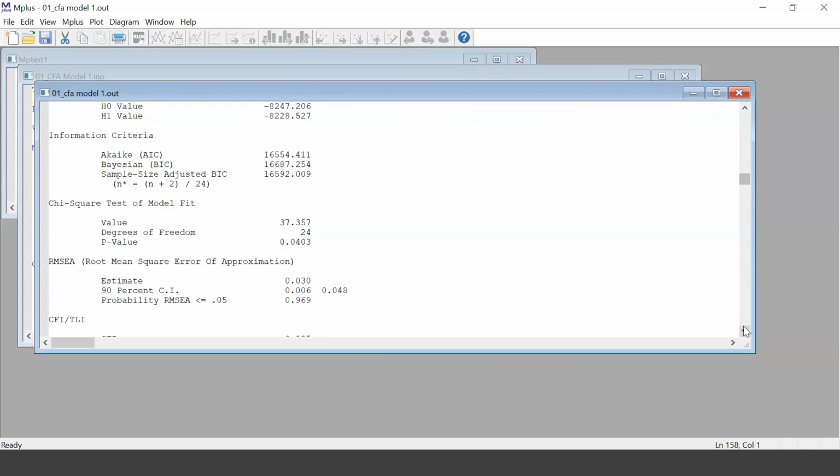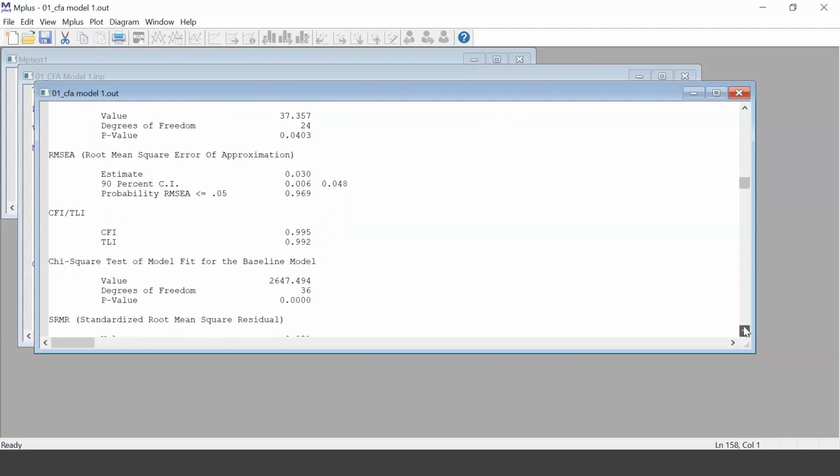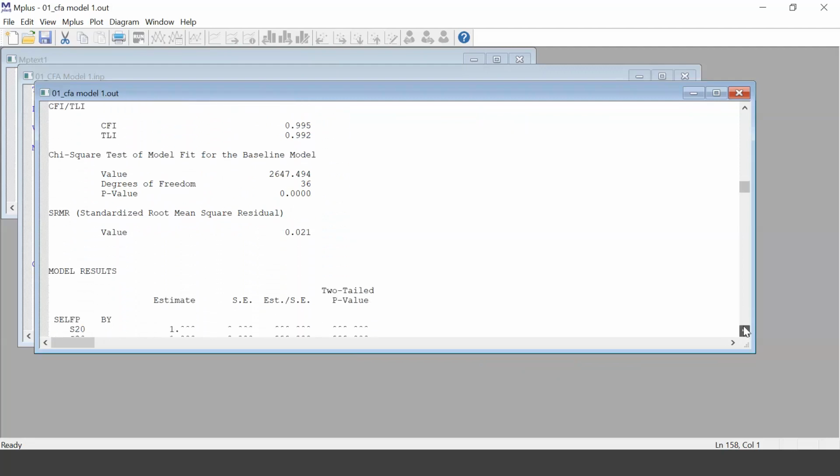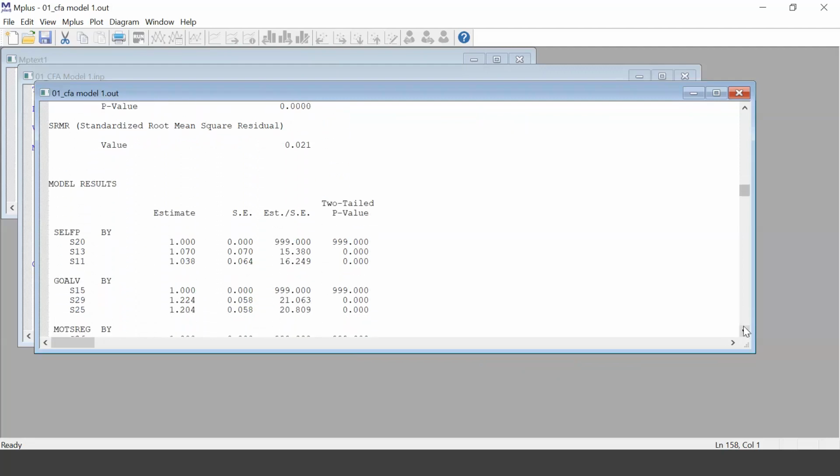So we also look at measures of model fit, which we'll be talking about in class. And you can see the RMSEA is 0.03, the CFI is 0.995, the TLI is 0.992. Those all actually indicate pretty decent model fit, and the SRMR is 0.02. So actually our model fit indices look pretty good.